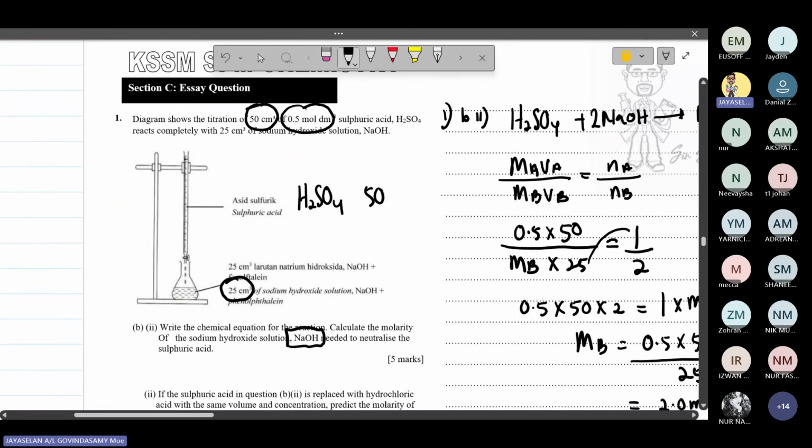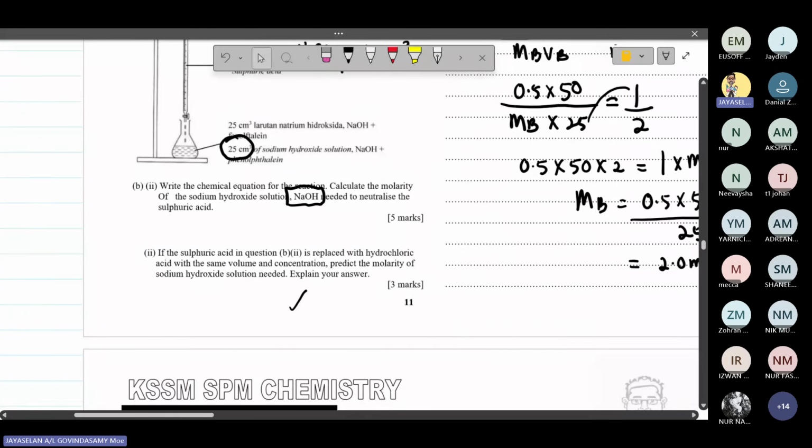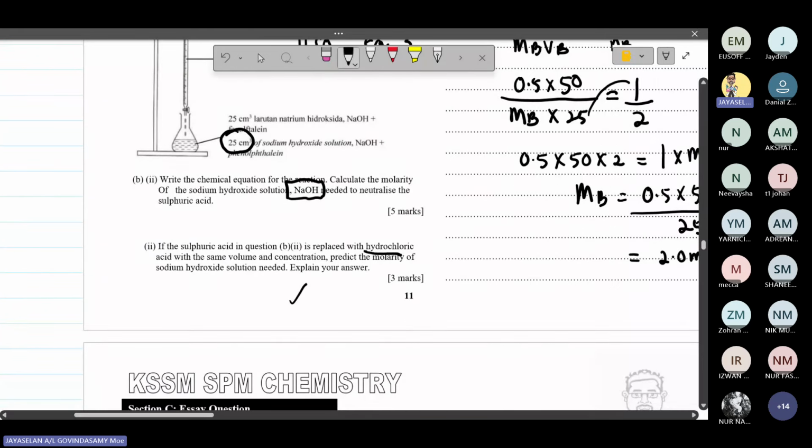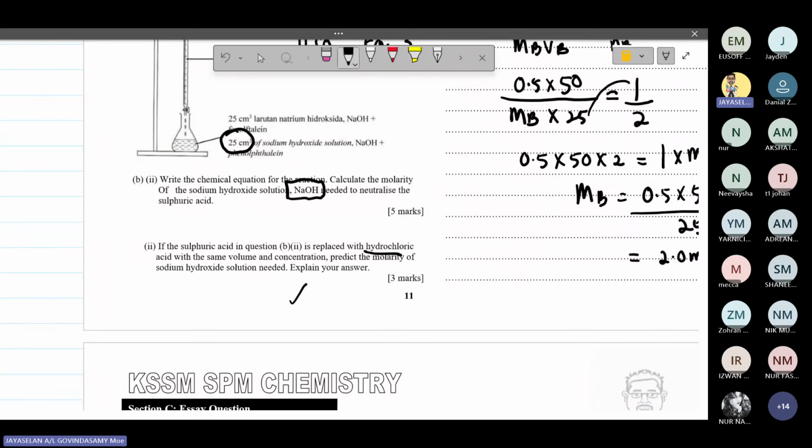So volume dia 50 cm³. Okay, they replace with hydrochloric acid ataupun nitric acid with the same concentration. Predict the molarity of sodium hydroxide needed in this solution. Dia minta predict the molarity of sodium hydroxide.